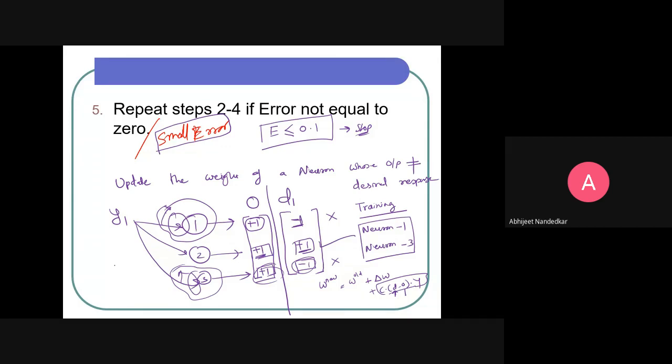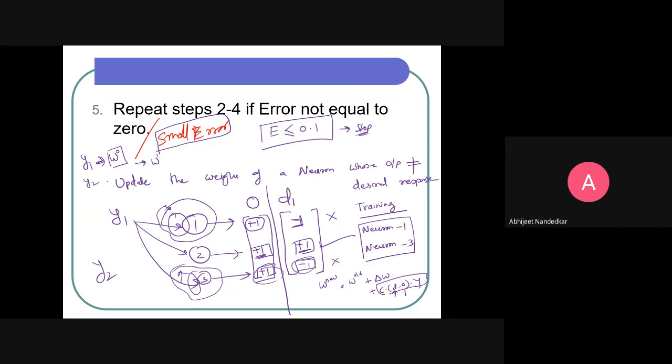Then you will take pattern number 2, Y2, and apply it to the updated network. Every time you have to take a new input and apply it to the updated weight matrix. Do not use the initial weight matrix again and again. So what it means, you take Y1, you update the weight matrix W. Initially I will call this W0. Once you update it, it becomes W1.